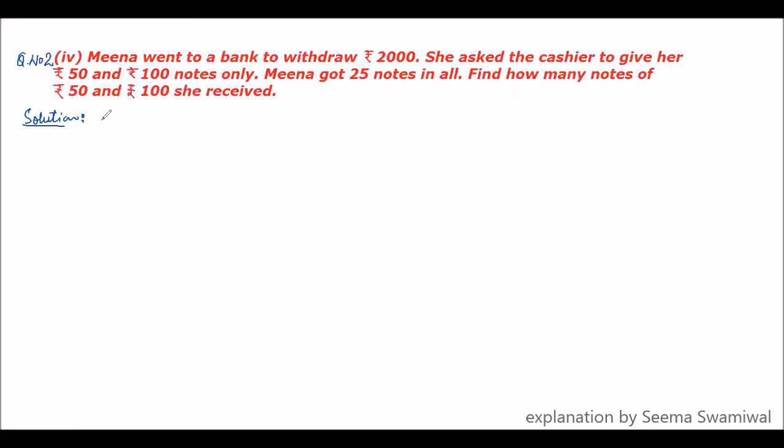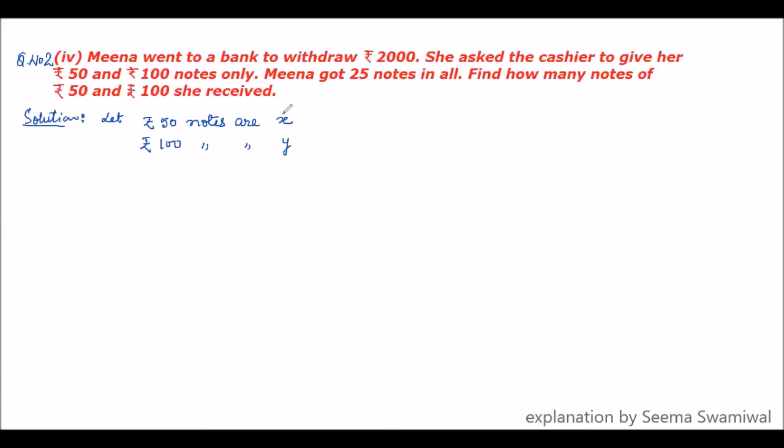So suppose that rupee 50 notes are x in number and rupee 100 notes are y in number. That means the first condition given in the question is that she got a total of 25 notes.